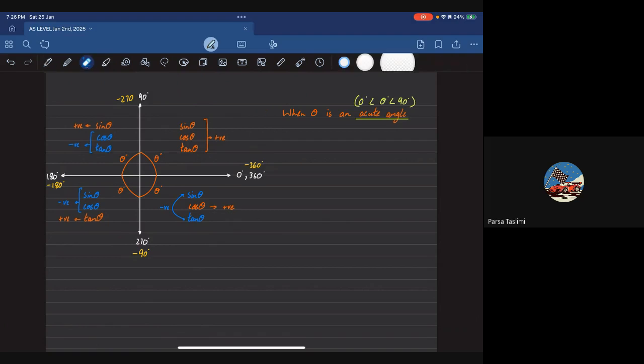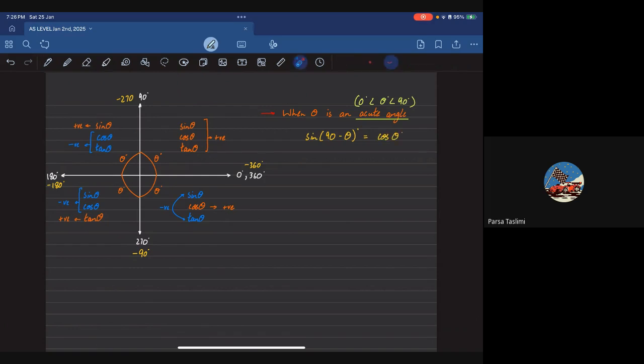So if theta is an acute angle, then you have a few properties that you need to know. Sine of 90 minus theta is going to be equal to cos theta.